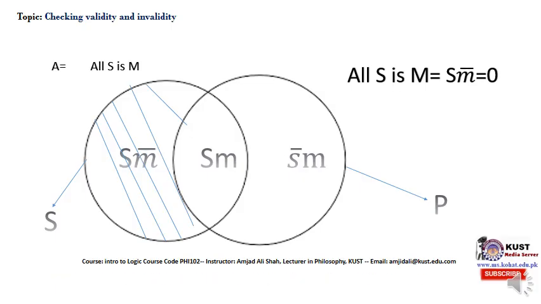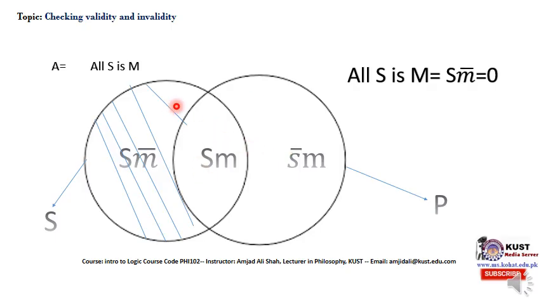Next, in categorical syllogism, we also discussed the major term, minor term, and the middle term. If you remember, the subject of the conclusion of the syllogism is the minor term, M is the middle term, and P, the predicate of the conclusion of the syllogism, is known as the major term.